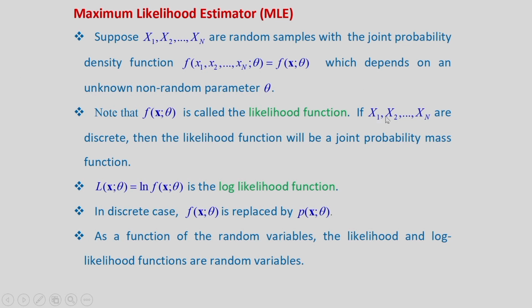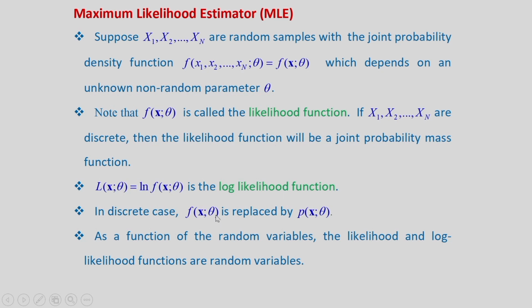If x1, x2 up to xn are discrete, then the likelihood function will be a joint probability mass function, that also we know. Now, L of x theta, that is equal to log of f of x theta, is the log likelihood function. In the discrete case, f of x theta is replaced by p of x theta in this expression to find out the log likelihood function.